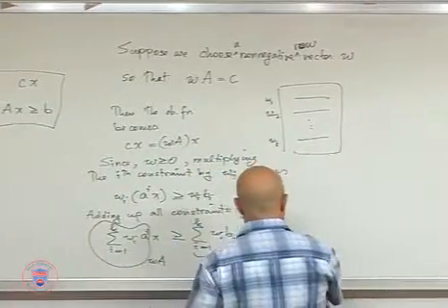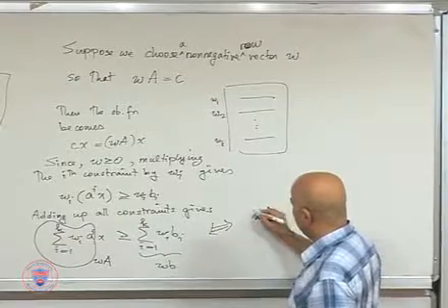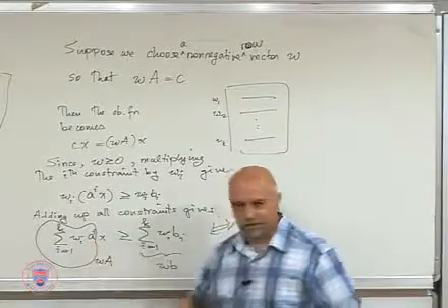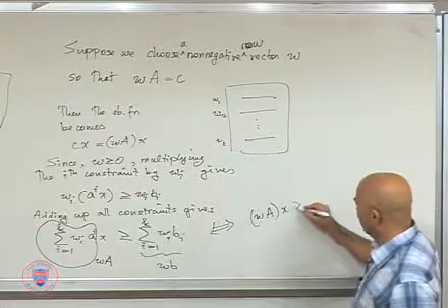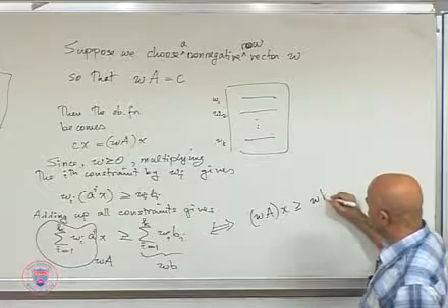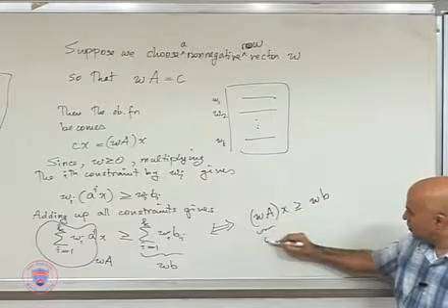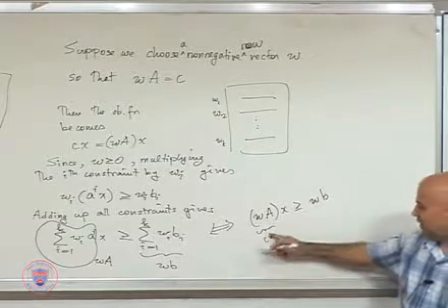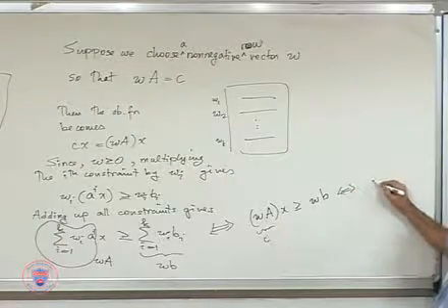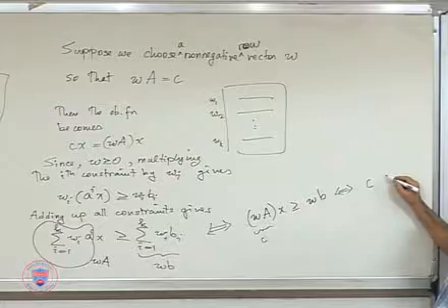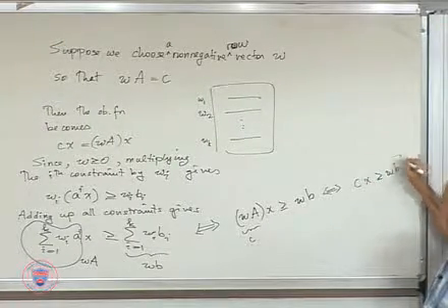So this is simply telling you that your WA, which is your new cost vector, times X is greater than or equal to WB. That's what it is telling you. And this is, in fact, your Cx, or that's, in fact, your C. So this entire thing tells you that as long as your W are non-negative, you've got Cx greater than or equal to WB.